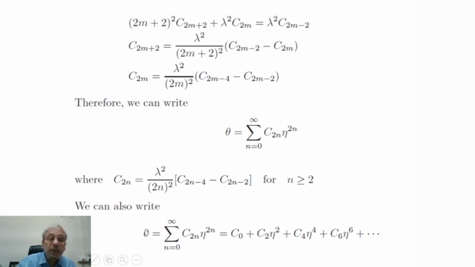So we can also write theta as a summation of a series, n equal to 0 to infinity, C twice n eta to the power twice n, where the series is given by C0 plus C2 eta square plus C4 eta to the power 4 plus C6 eta to the power 6 and so on.